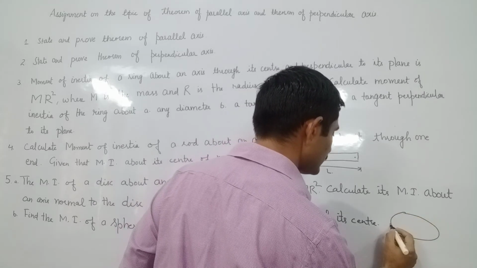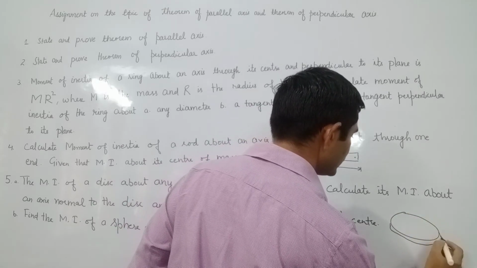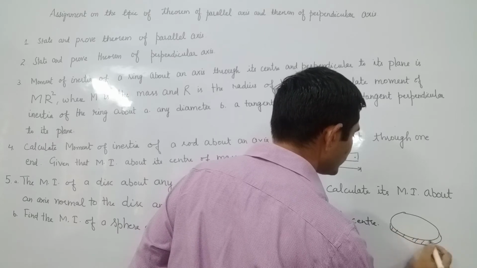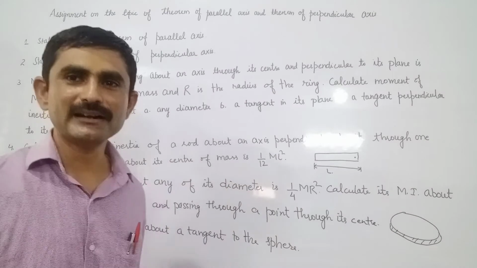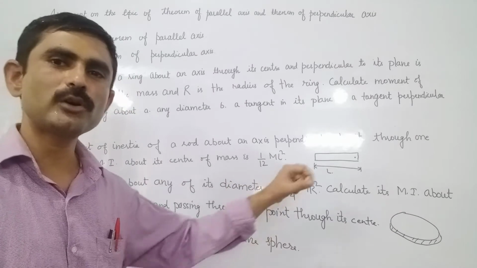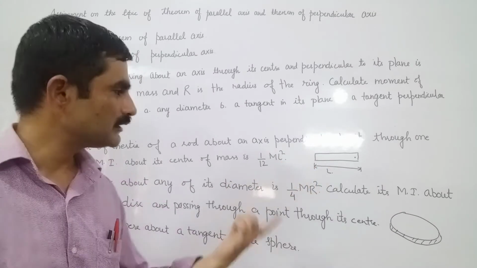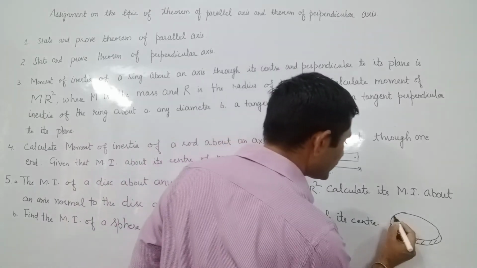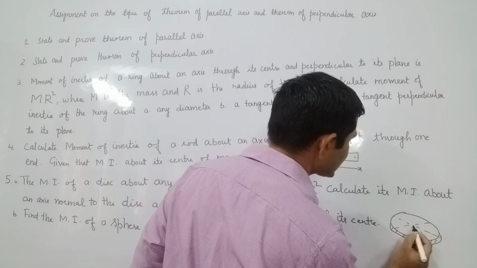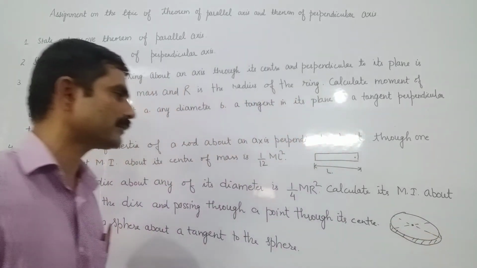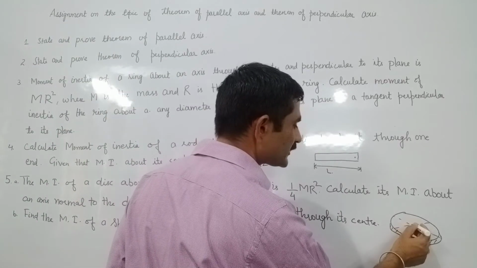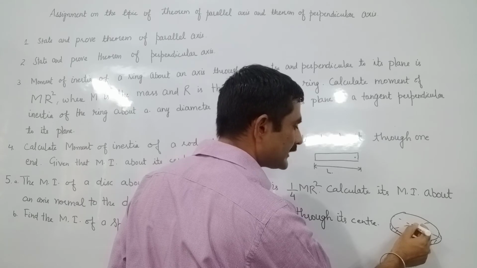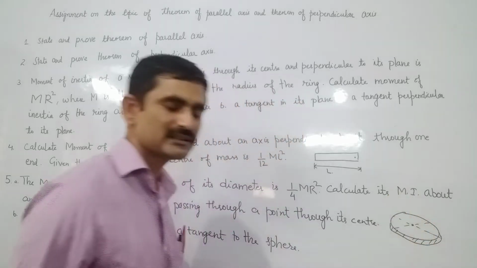So earlier we were given the moment of inertia of the disc about an axis which is perpendicular to its plane, and we had to calculate the moment of inertia about one of its diameters. Here, what is given? The moment of inertia of this disc about one of its diameters is 1 by 4 MR square, and you have to calculate the moment of inertia about an axis which is perpendicular to its surface.